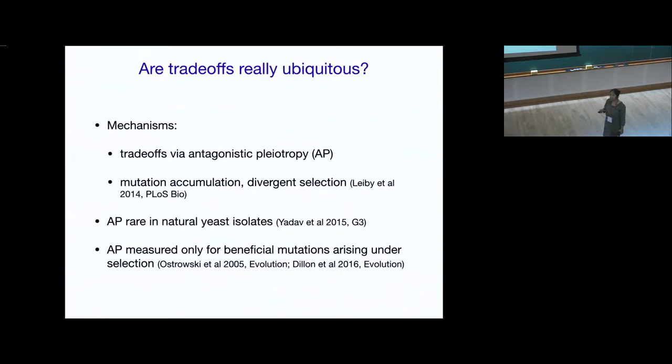So we have a relatively biased view of the incidence of antagonistic pleiotropy with a random set of mutations that are likely to occur in populations.